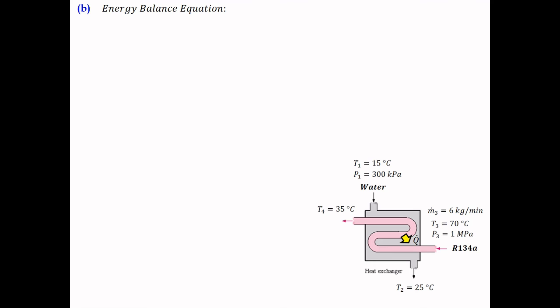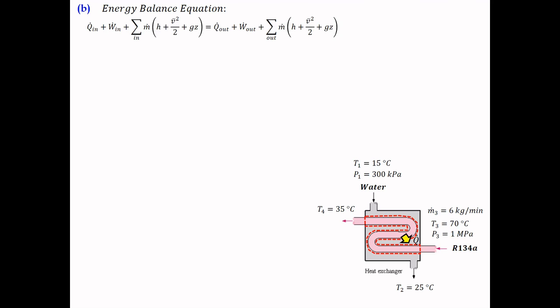Okay, for question B, we need to determine the heat transfer rate that occurs in the heat exchanger. For this question, we need to determine a different control volume boundary, where we consider the control volume boundary based on the piping for the R134A as shown in the schematic diagram.